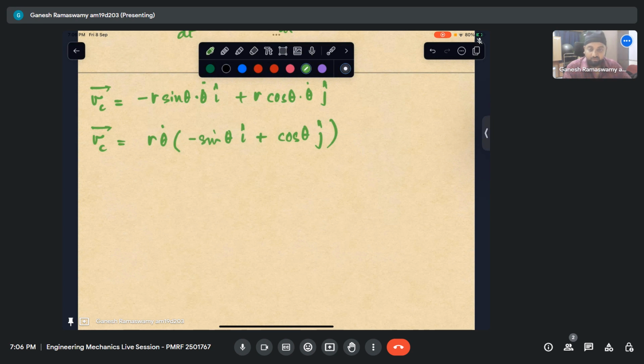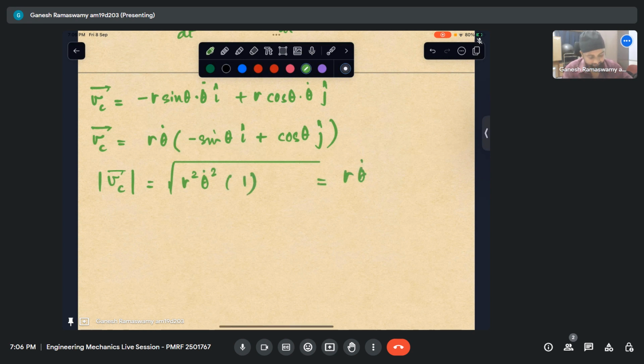Okay, so we have been asked the magnitude of the velocity. So magnitude of Vc is given as under root of r square theta dot squared into 1, which is nothing but r theta dot.